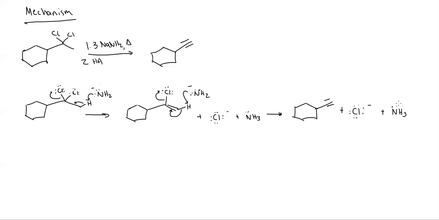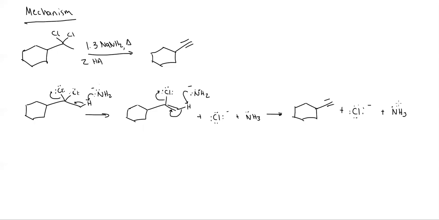So that's my two mechanisms for both of these. Both of these go by a double E2 type mechanism. The only difference is that the reagents are slightly different in equivalencies. But with geminal dihalides and vicinal dihalides, you can form a triple bond from both of those.